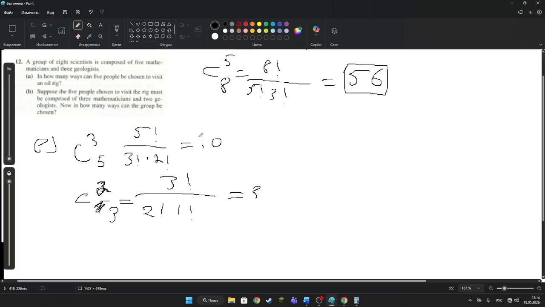So we just multiply them to find all situations, and it's going to be 30, and it's the answer for the B part. So that's all.